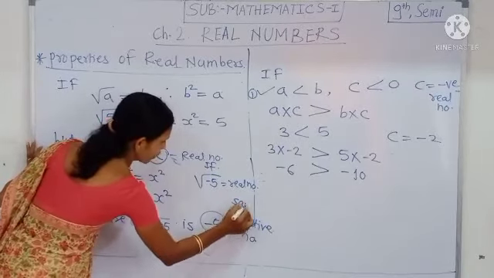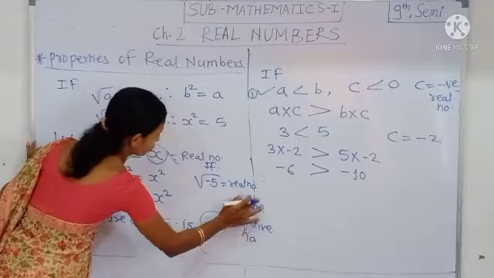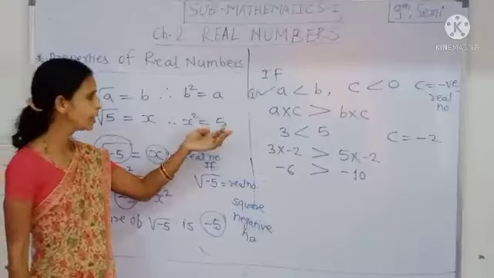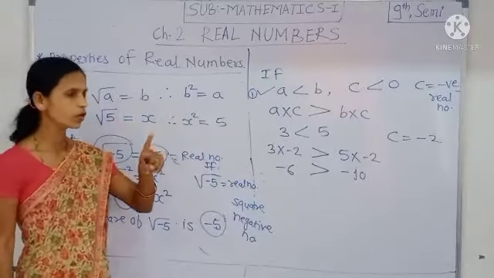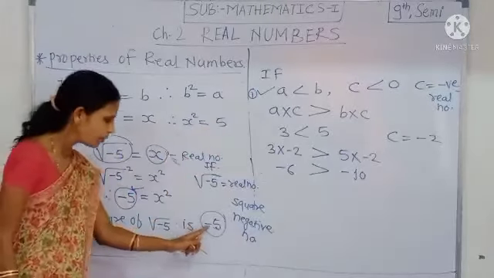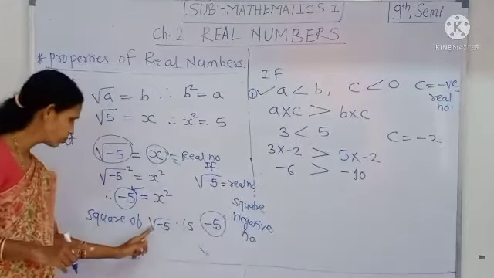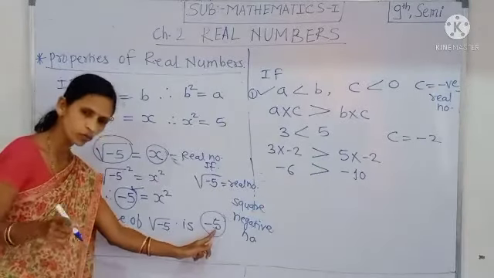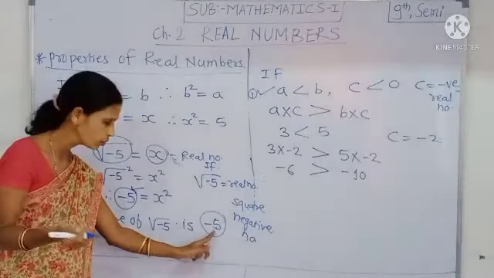Here the square is a negative number, and I have already told you that the square of a real number is never negative. But here minus 5 is the square of root minus 5, and that square is negative.